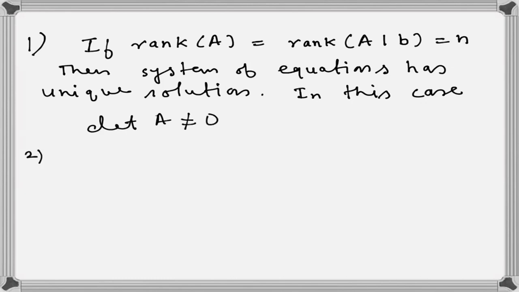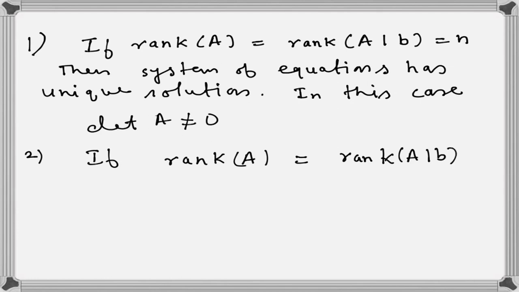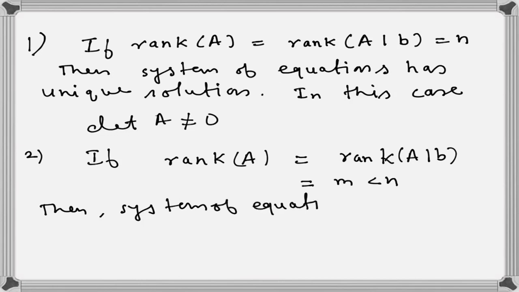Second condition: if rank of A is equal to rank of the augmented matrix [A|B], which is equal to m less than n, then the system has infinitely many solutions.